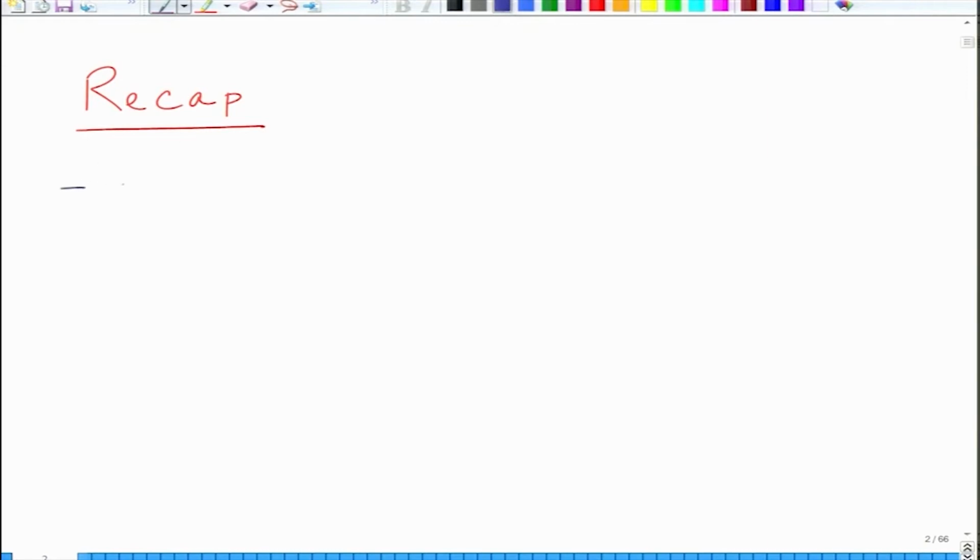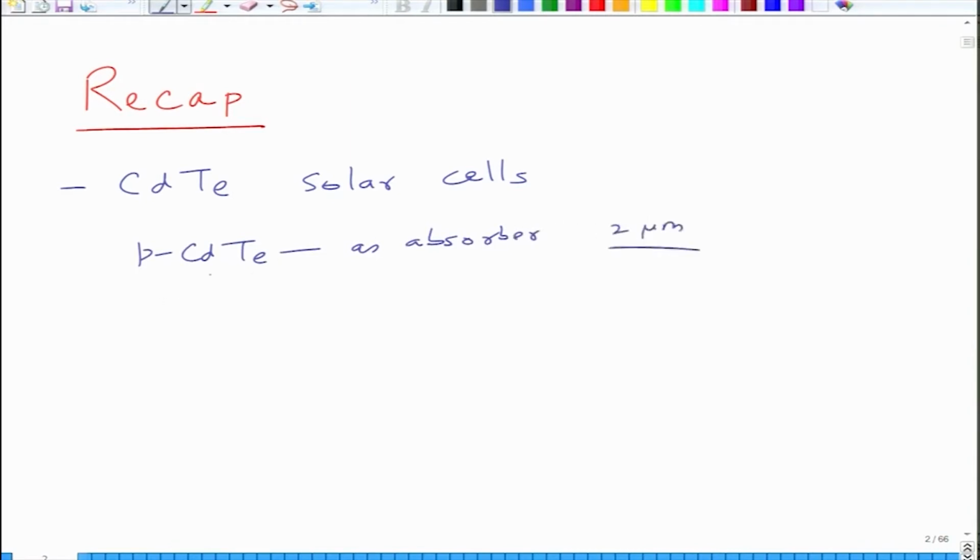In the last lecture, we started our discussion with cadmium telluride solar cells. Cadmium telluride solar cells are basically thin film solar cells where we use p-type CdTe as the absorber, and this is about a 2 micron thick layer. Then n-type CdS is used as the window layer and to make a junction.